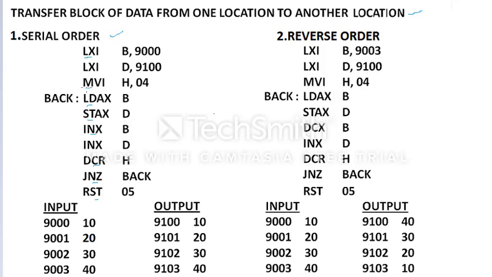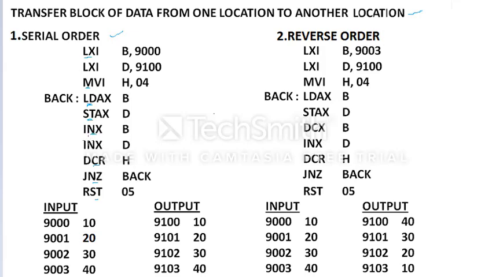Then MVI stands for move immediately 8-bit data into the specified registers. Then LDAX means load indirectly accumulator from any pair like BC pair, DE pair, HL pair. In the same way, STAX stands for store accumulator content indirectly into any register pair.